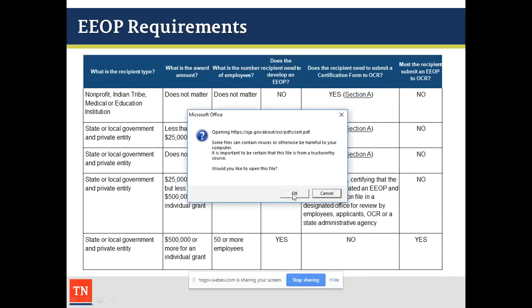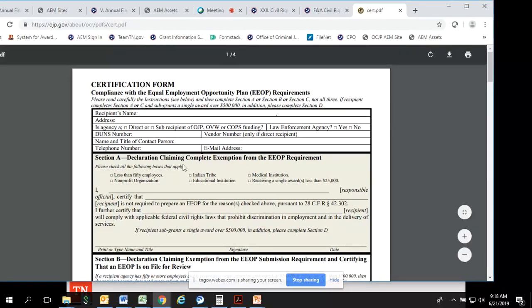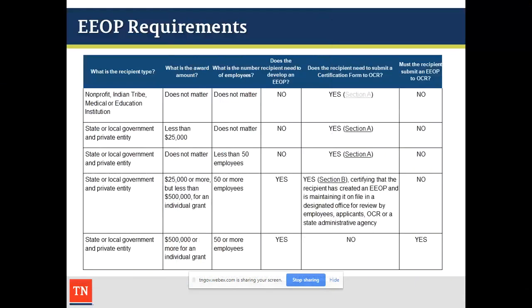Here is Section A of the certification form. This is Section A right here, declaration claiming complete exemption from the EEOP requirement. So you would submit this to OCR if you were exempt. And that means you have less than 50 employees, or you're a non-profit organization, or you're receiving an award less than $25,000. Any of those things would apply.